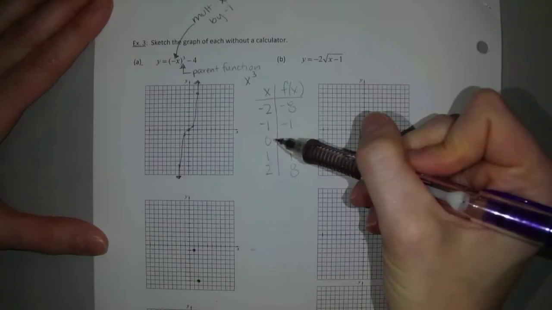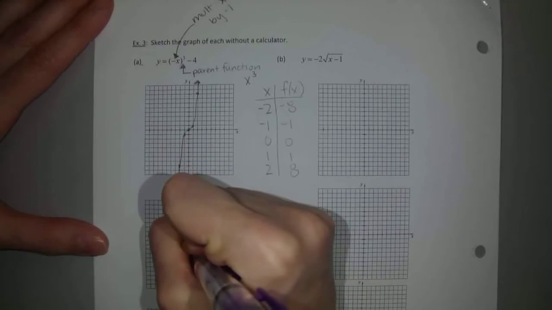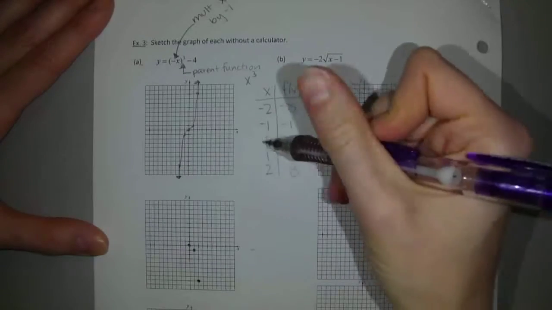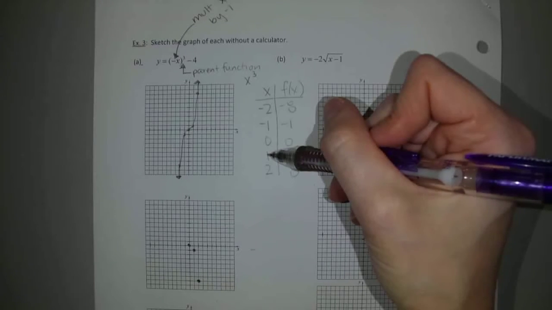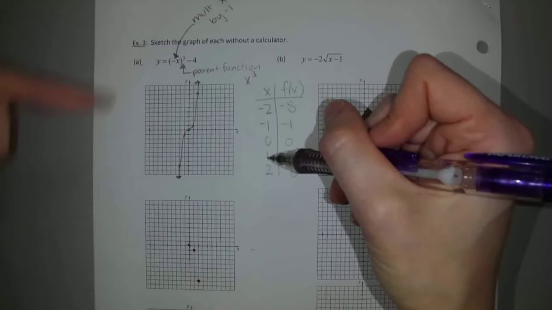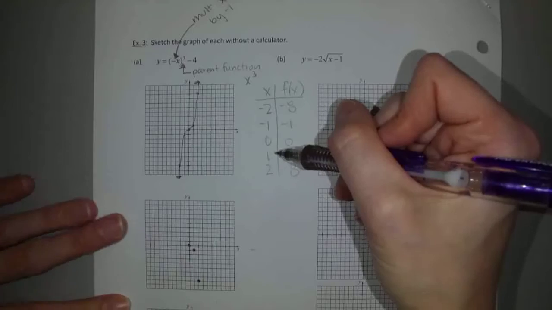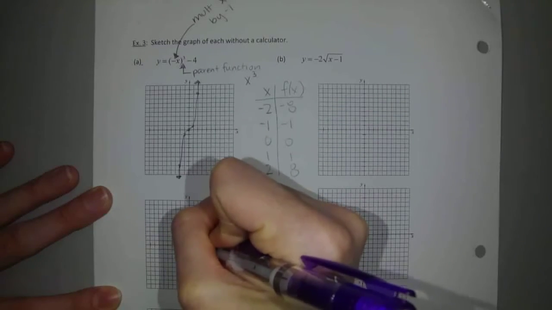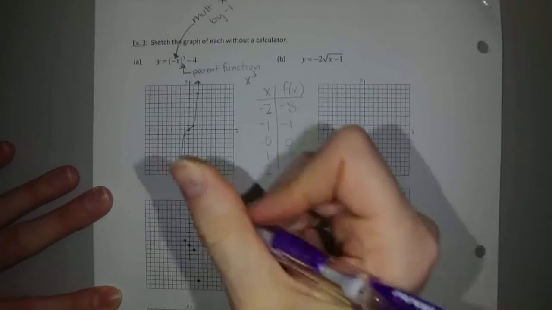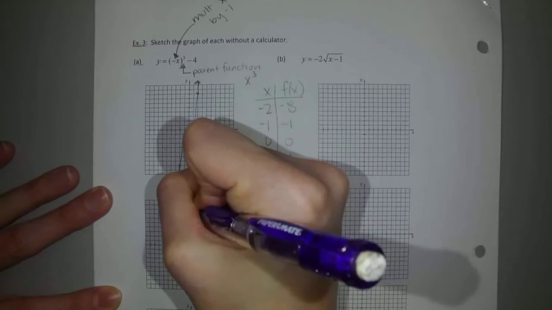When I multiply 0 by -1, does that change anything? No, so he's just going to be at 0, 0. And then notice down here, we had positive x values, but now what's going to happen to both of them? They'll become negative because we're multiplying them by -1. So we'll graph -1, +1. And we'll graph -2, +8. Do you guys see that?